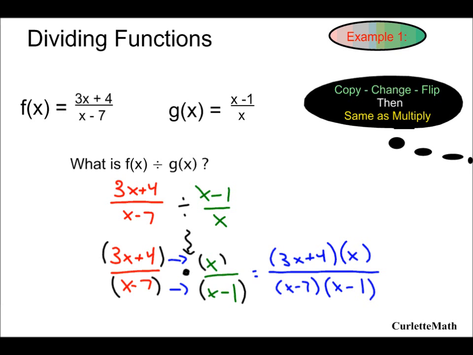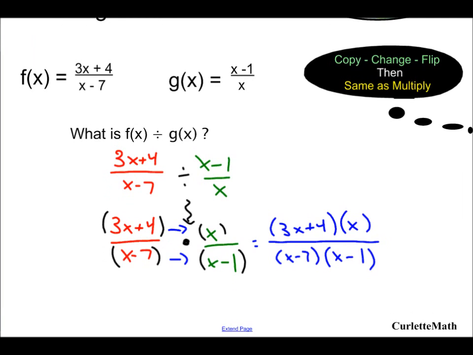None of those parentheses are the same, so nothing's going to cancel out. We could go one step further and distribute everything out, and we would get 3x squared plus 4x all over x squared minus 8x plus 7.